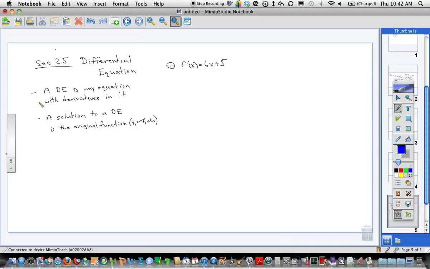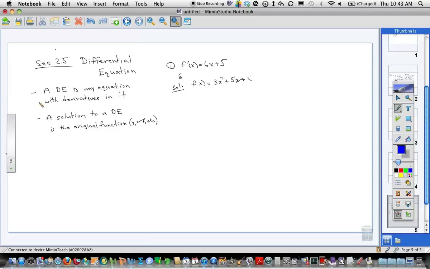Okay, the solution to this differential equation would be the original function f. What would be the original function f? Three x squared plus 5x plus c.